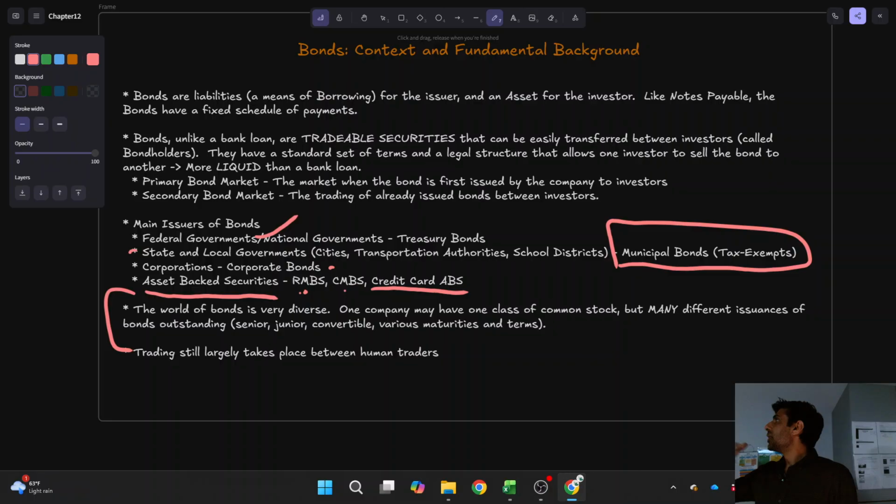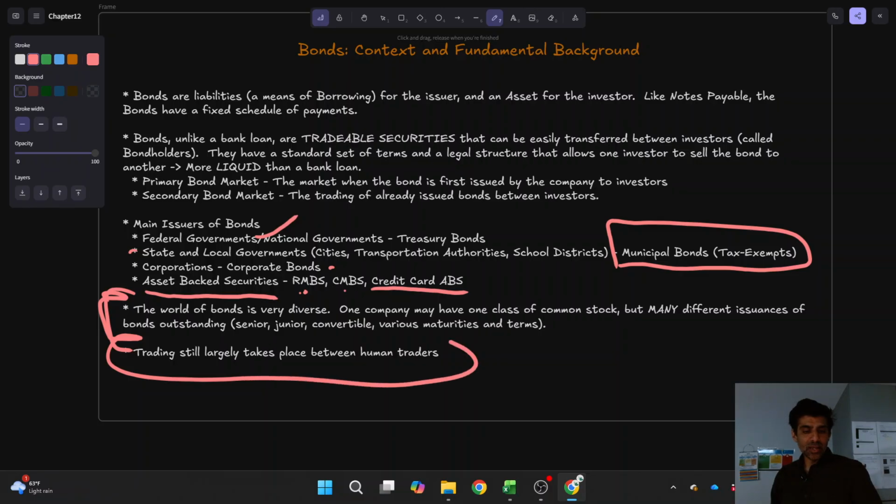So the number of different bond issuances a company has is usually many, many times more than the number of stock classes, because usually companies only have one class of common stock. The bonds are issued over different years, with different payment schedules. So this is a much more niche area of investing, because it's much more complicated than investing in stocks.